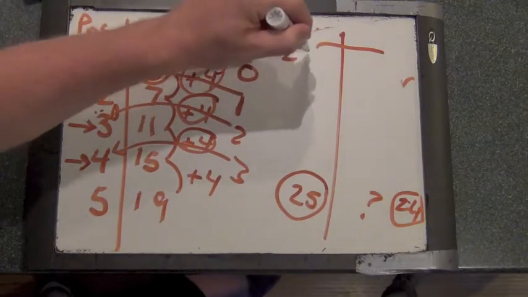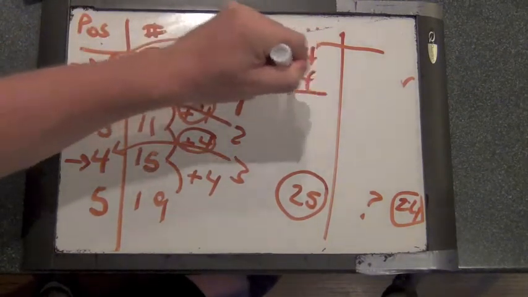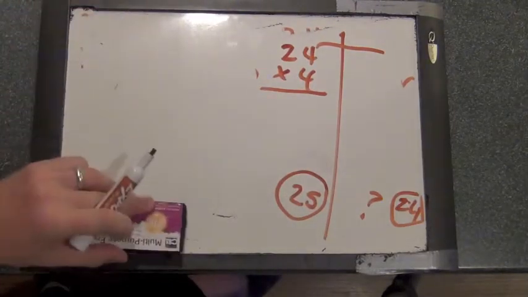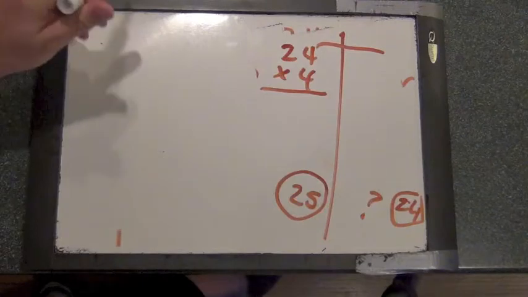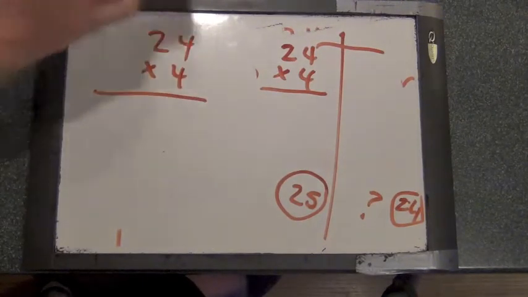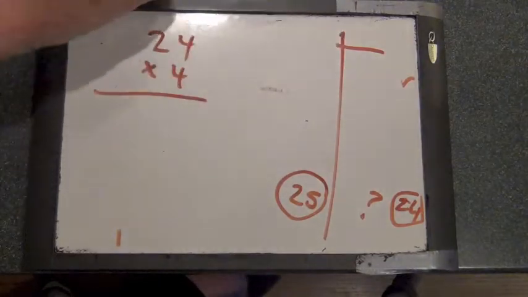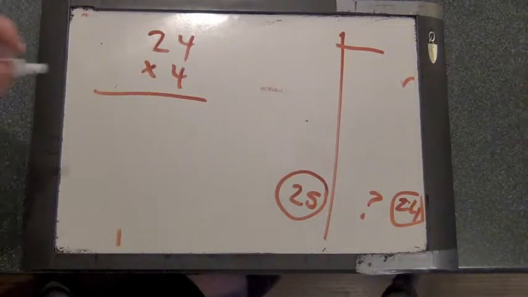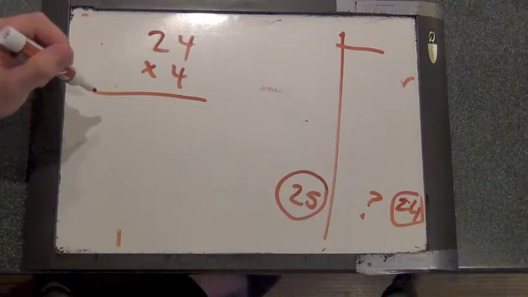So can you tell me what 24 times 4 is? Whoa. 24 times 4. I think it's 96. Okay, how did you figure that out? 24 times 2 is 48. You added 48 times 2 is 96. Aha.